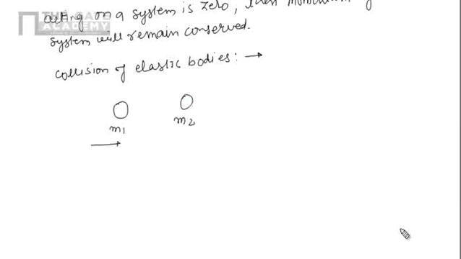The initial velocity, meaning the velocity before collision, of m1 is u1, and for m2 it is u2, and the direction of the velocity is shown by the arrow. After collision, the velocity of m1 will become v1 and m2 will become v2.